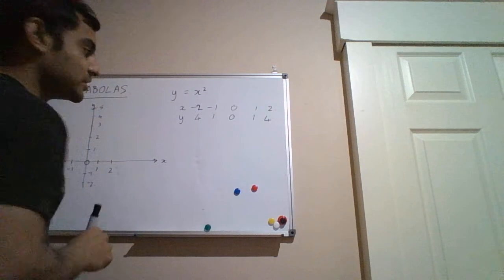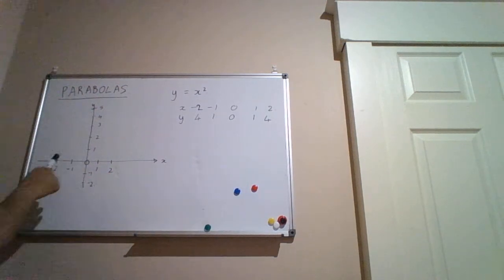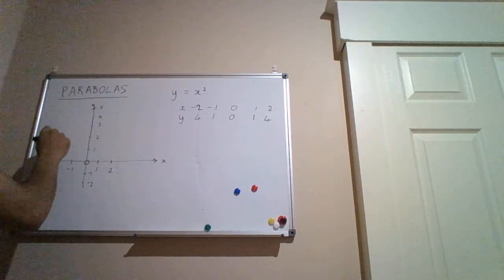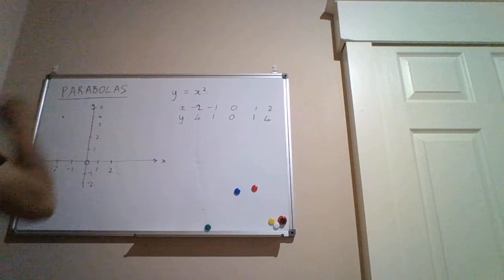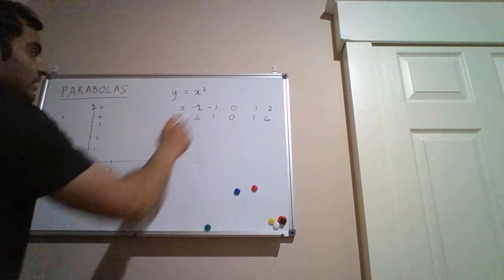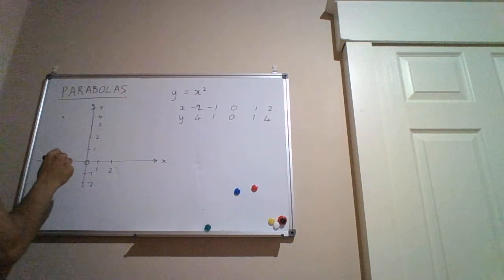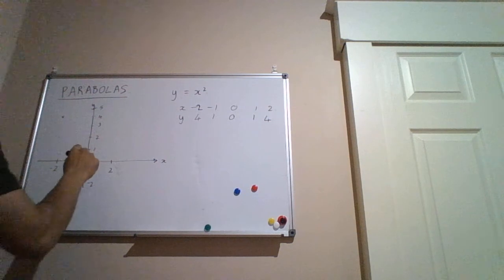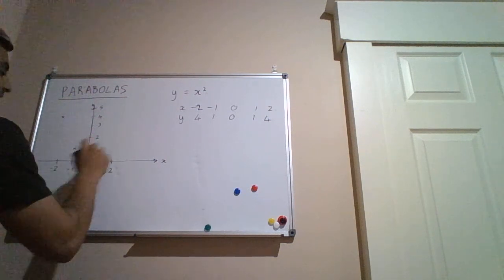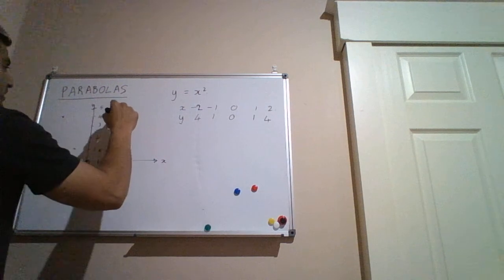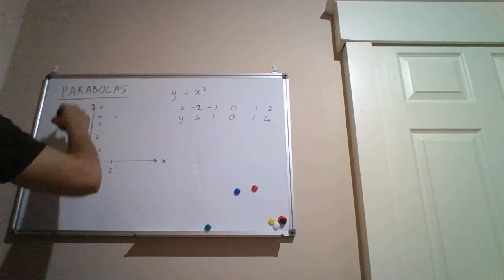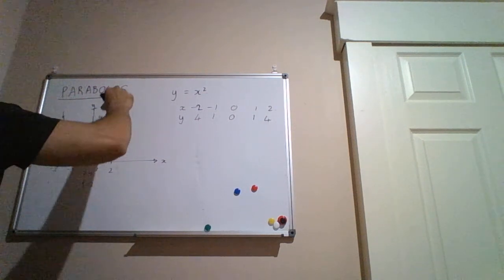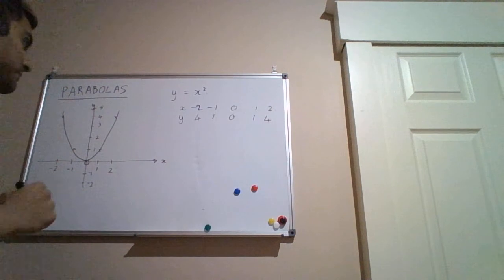Minus 2 corresponds to 4. So the x value minus 2 corresponds to a y value of 4. 1, 2, 3, 4. The next point, minus 1, corresponds to 1. So an x value of minus 1 corresponds to a y value of 1. And continuing like this, 0, 0, 1, 1, 2, 4. Now we can see our points here, and we just plot a line through them.